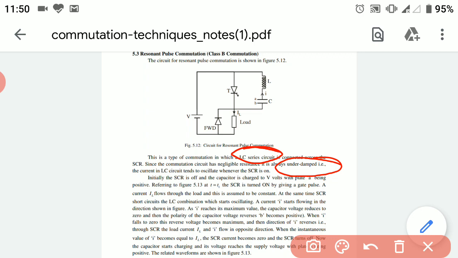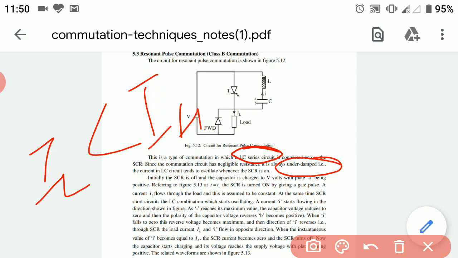This opposite flowing resonating current reduces the level of current flowing through the SCR below the level of holding current, which results in commutation of SCR.